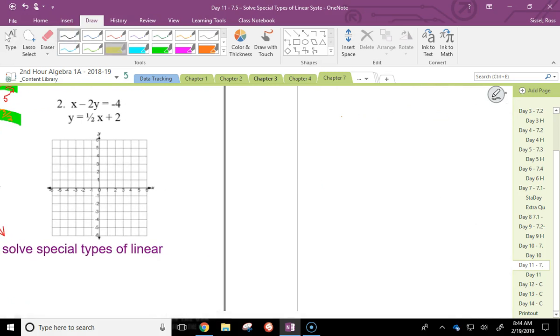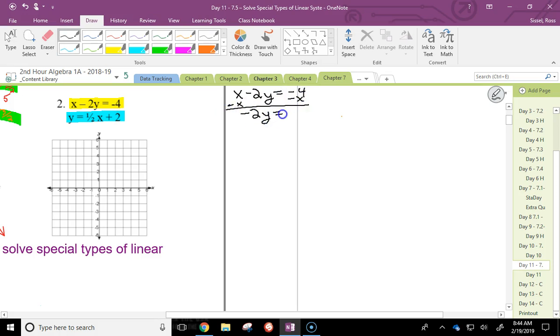first thing, I have 2 equations, and I'm graphing. So, I would have to solve for y. I'm going to minus an x on both sides. I'd have negative 2y equals negative x minus 4. Divide by the negative 2. And so that would leave me with y equals 1/2 x, not minus 2.